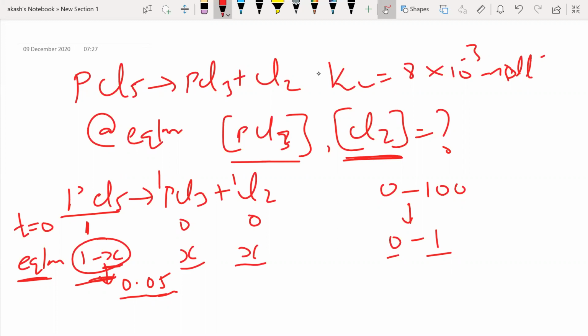Easy, I will be able to find it out. Now you don't even need the equilibrium constant. Actually, the equilibrium constant itself is not required because 1 minus X is 0.05. So if I write 1 minus X is 0.05, obviously X would have been 1 minus 0.05, that is 0.95. We are doing something wrong, people.